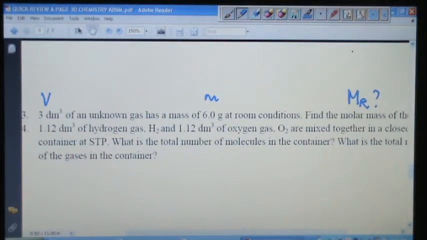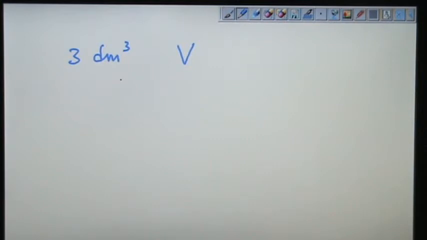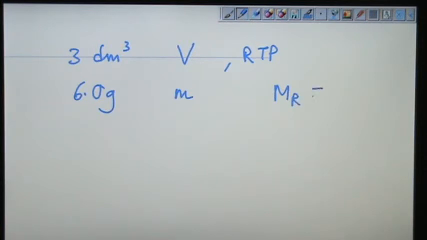With this question in mind, we would like to go to the whiteboard. Now let's put together the information again. It tells us it has 3 dm cube of unknown gas, so I'll call it V. The condition is room condition, so I put RTP. Then the mass of the gas is 6.0 gram, so I'll call it small m. And then they want you to find the molar mass.